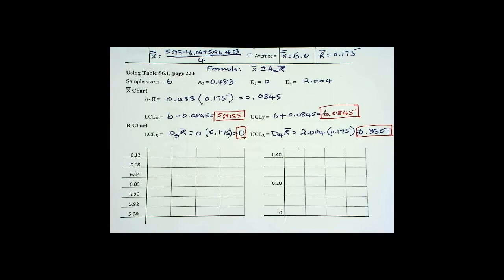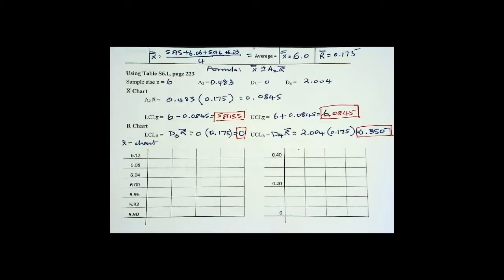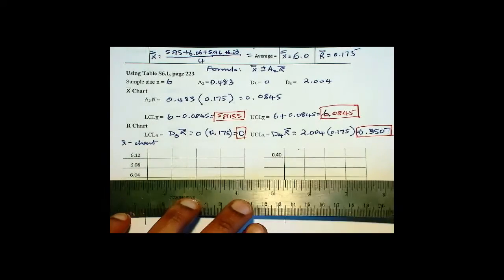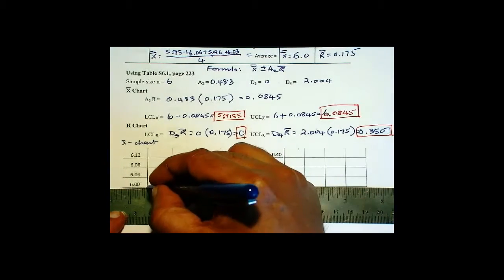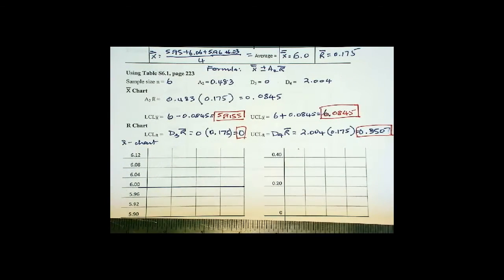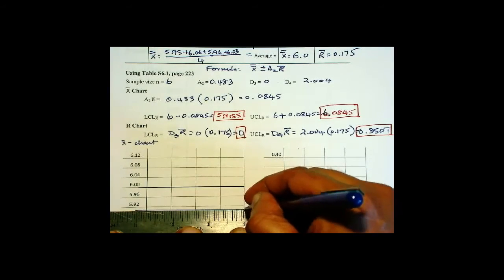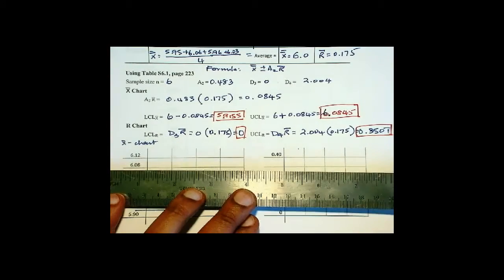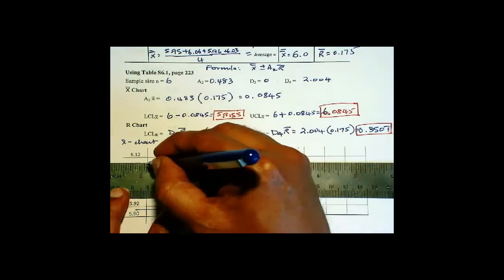First is the X bar chart. The midpoint, the target value, is 6. Then the lower control limit is 5.9155, so that is approximately about here, and the upper control limit is 6.0845, which is about there.